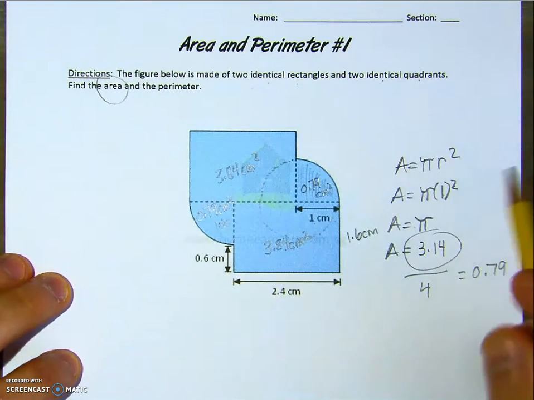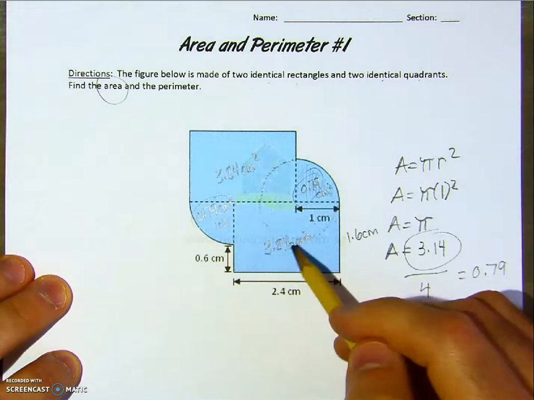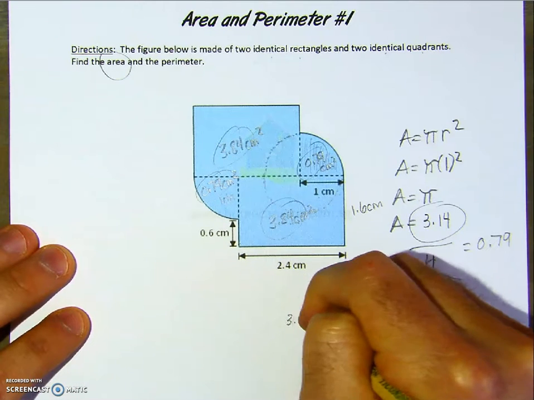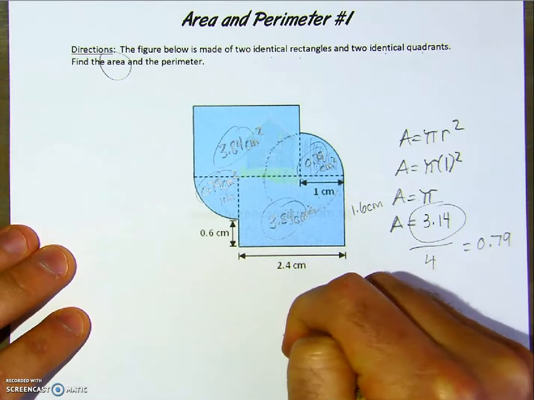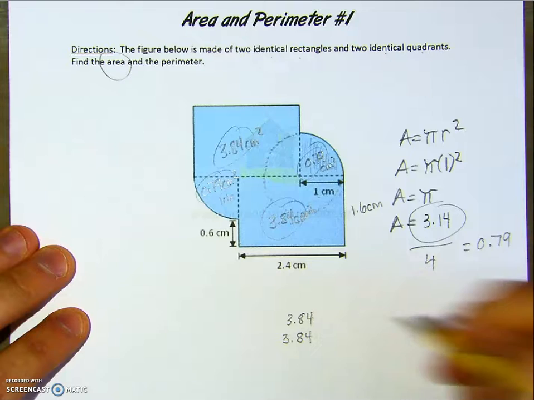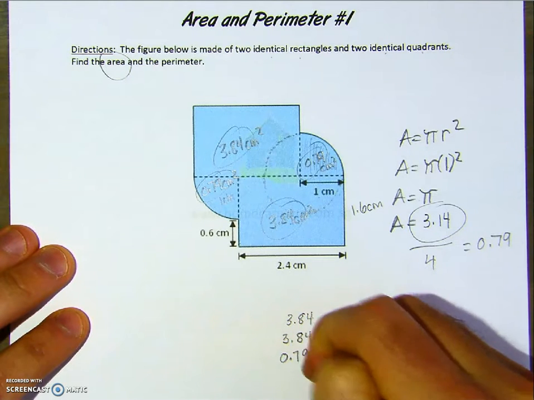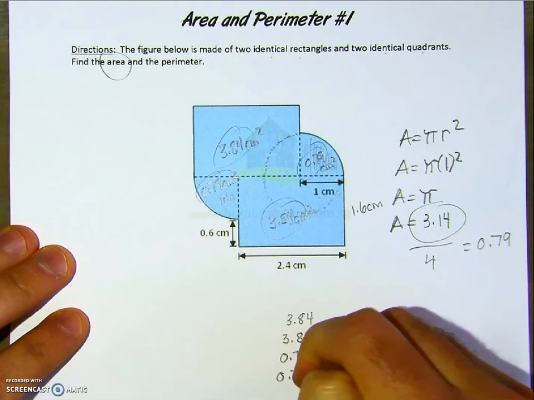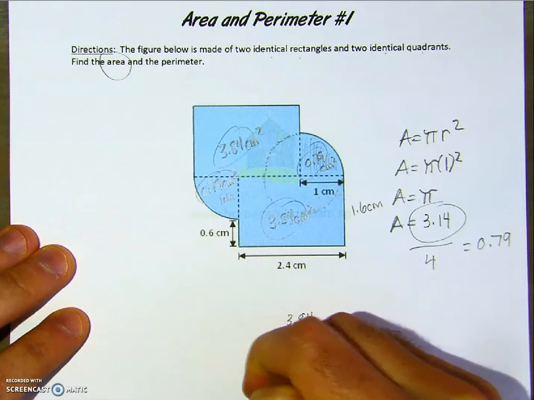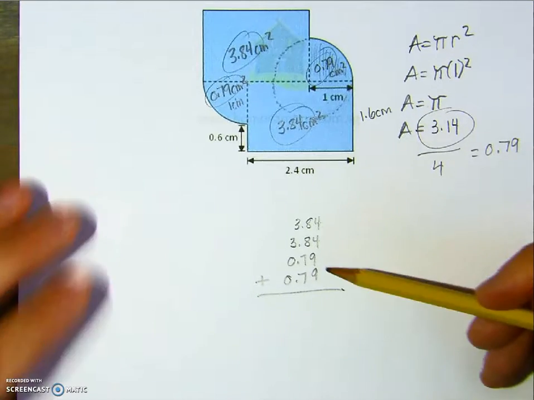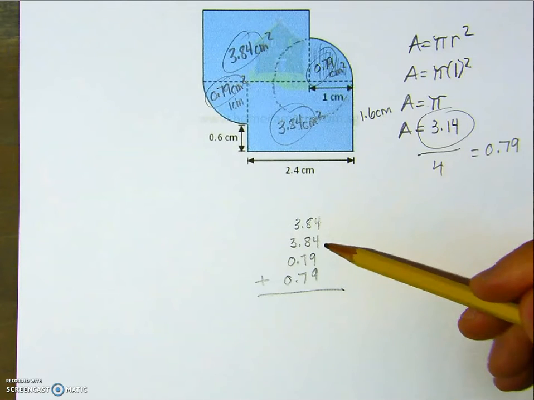Okay, last step is to add up all of these numbers. So I'm going to go down here, and again, you can take 3.84 and multiply it by 2 if you want to. There's a lot of different ways that we can think about it. But for my brain, I love seeing all 4 of these things right there. It just gives me some confidence that I haven't missed anything.